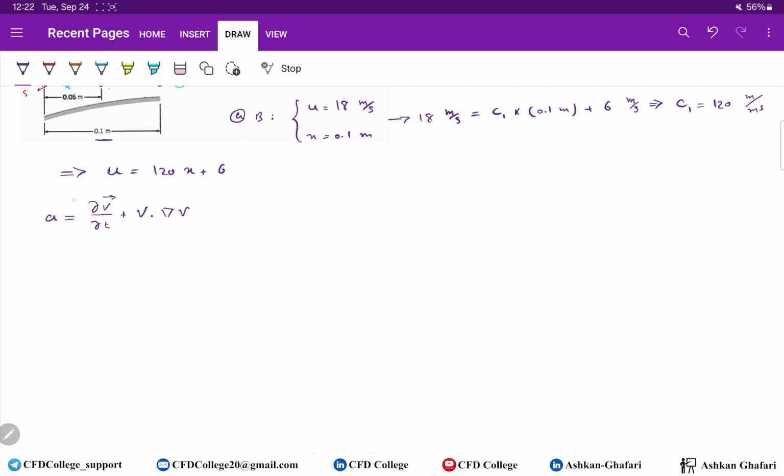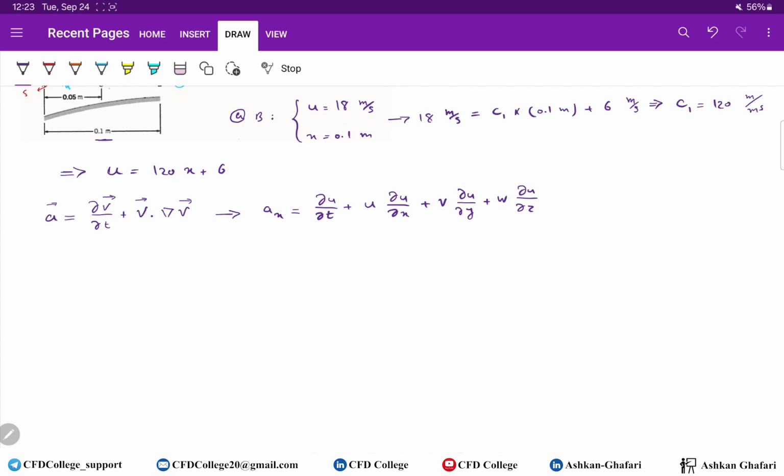As you know, here a and v are vectors, not scalars. So it means that, for example, ax equals delta u over delta t plus u delta u over delta x plus v delta u over delta y plus w delta u over delta z.